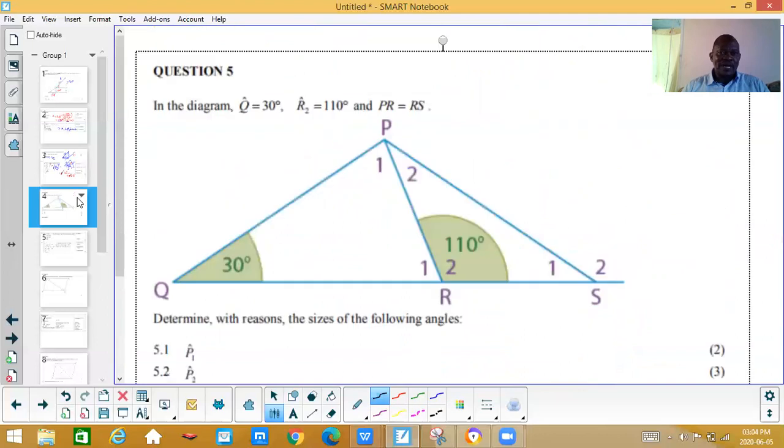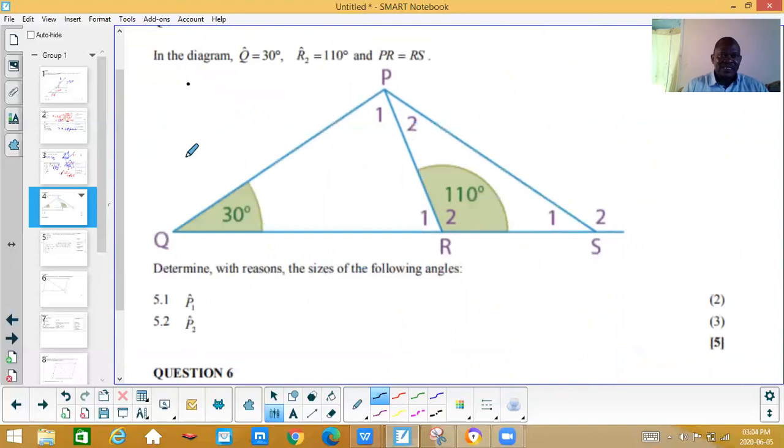We go on to number 5. For number 5, what is it that we're given there? In this diagram, we have Q, which is 30 degrees, R, which is 110 degrees, and PR. Angle Q is this one, 30, angle R is this one, which is 110. We are given PR is equal to RS. Since these are equal, mathematically you can indicate it like this.